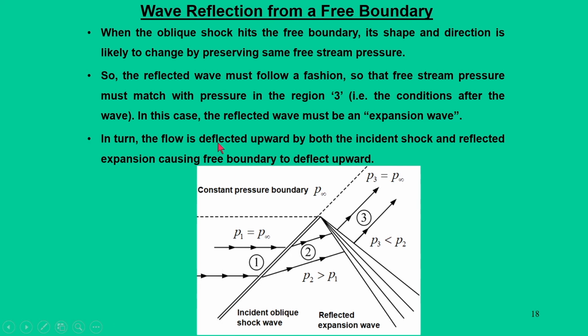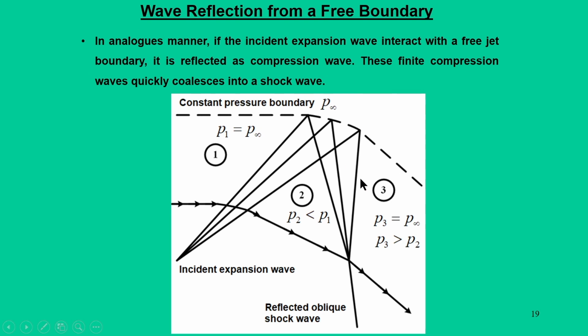So, the flow gets deflected by both the incident shock and the reflected expansion, causing the free boundary to deflect upward. As you see here, the free boundary is deflected upward. This happens when an oblique shock interacts with the free boundary.